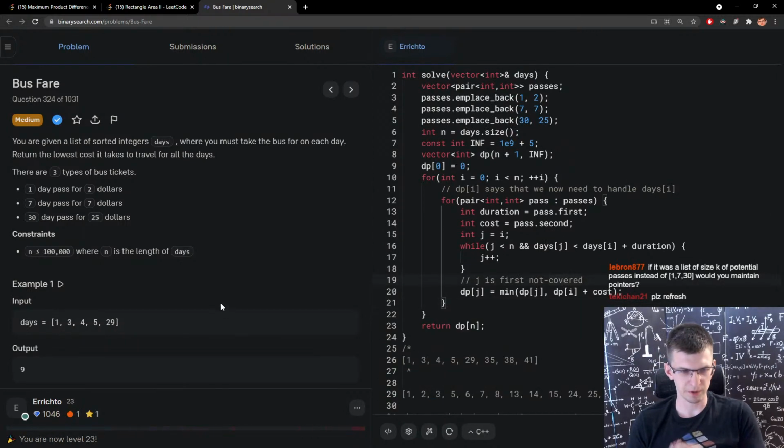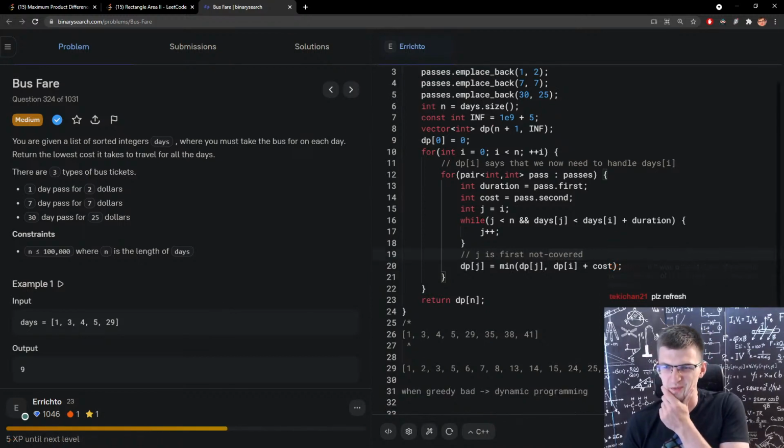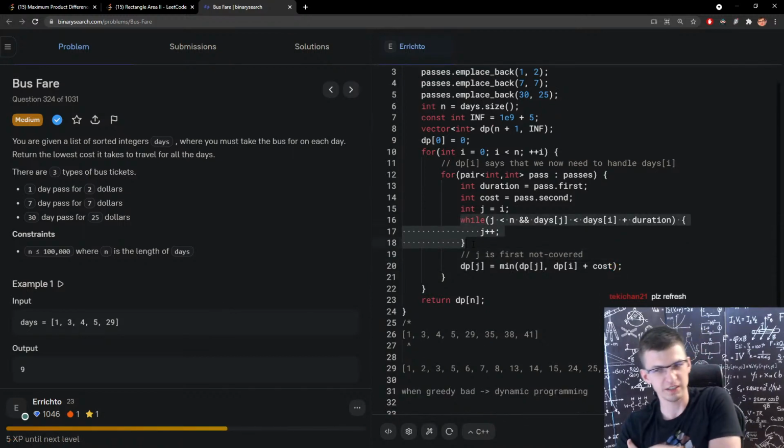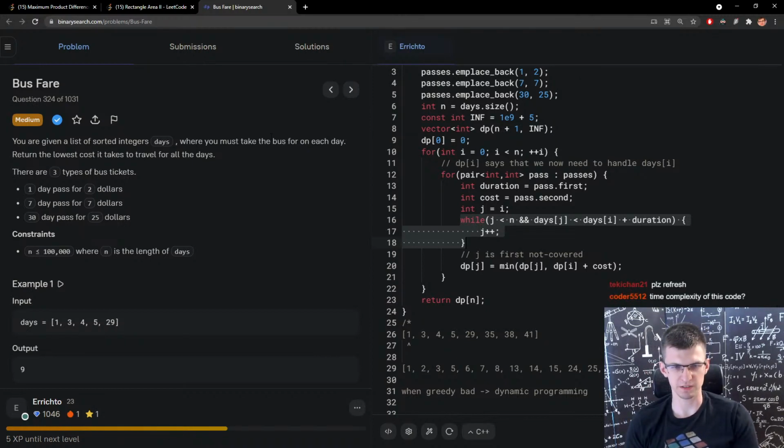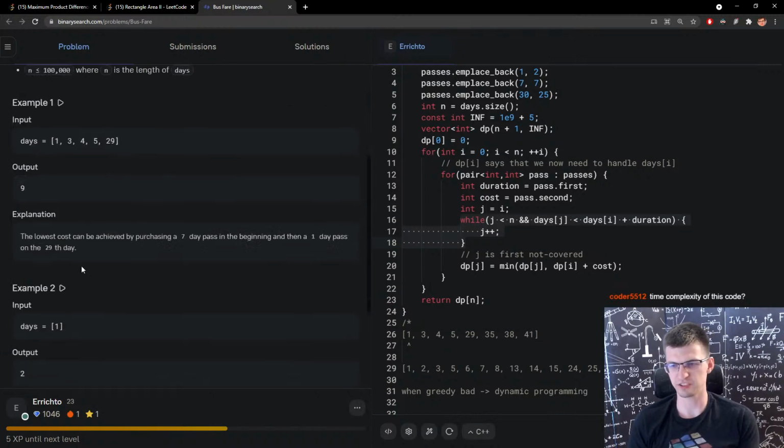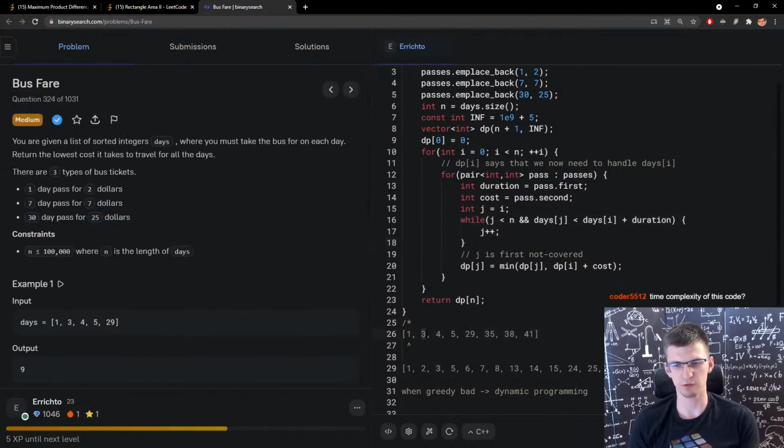Somebody suggested upper bound. So, you know, this is not really linear. It will go up by 1 at most 30 times because the biggest pass we have is 30 days long. So when you start from some element like 3 and you want to know where is the next one at least equal to 33, it's not that you will go to the right 1000 times.